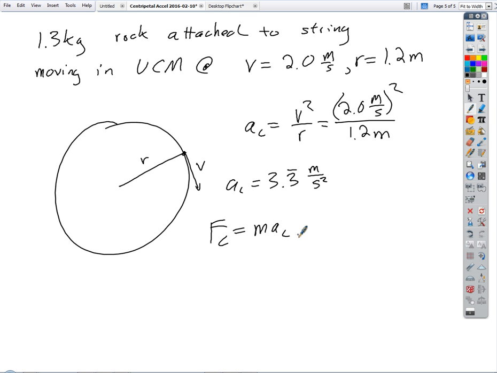So that's the net force, and so that's equal to 1.3 kilograms times 3.3 meters per second squared, which is 4.3 repeating. And so to 2 sig figs, we'd get 4.3 newtons as the tension in the string that keeps that rock moving in a circle, right? How about that? Okay. So this could be useful.